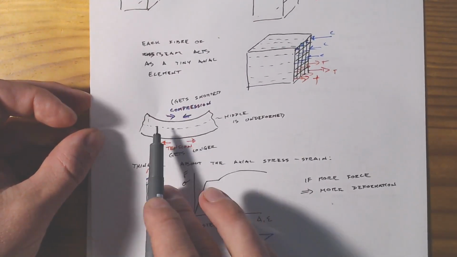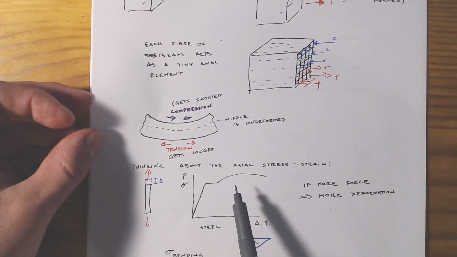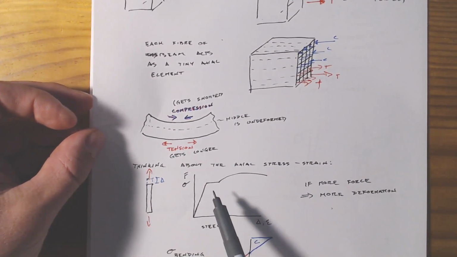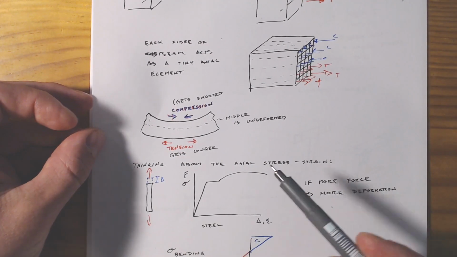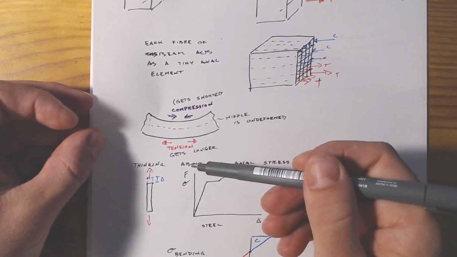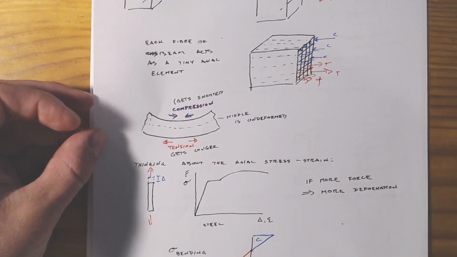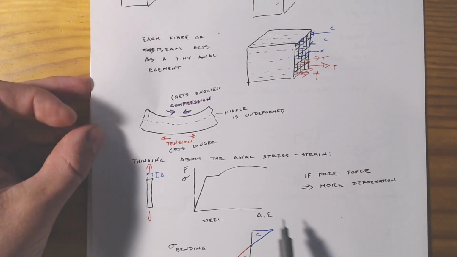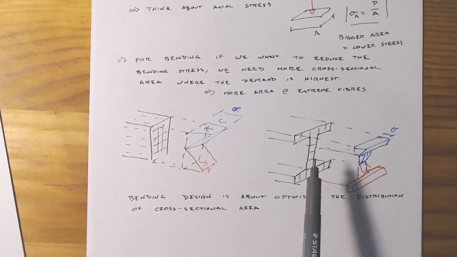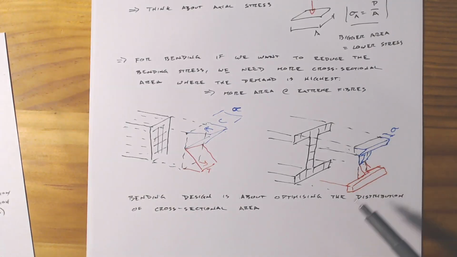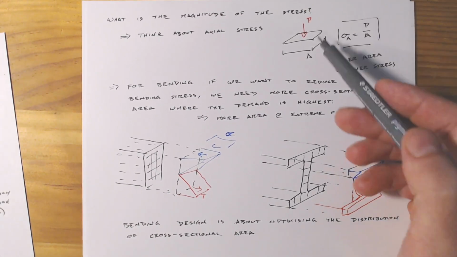And we know that if we're deforming, we're going to generate a force and a stress. And so our distribution is going to be, we deform the most at the top and the bottom of the beam, or the extreme fibers. So that's where our bending stress is going to be the most. And if we want to reduce the magnitude of this bending stress, we simply throw more area on there, analogous to how we would for an axial stress.